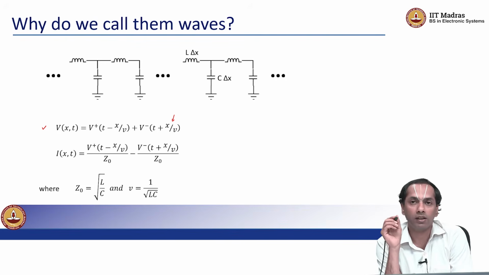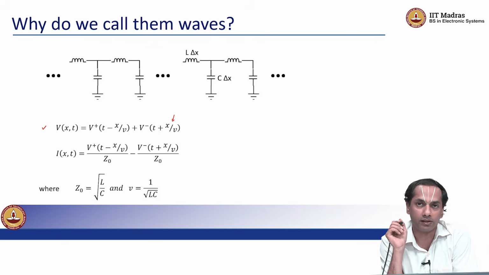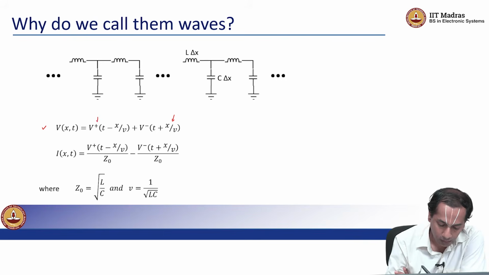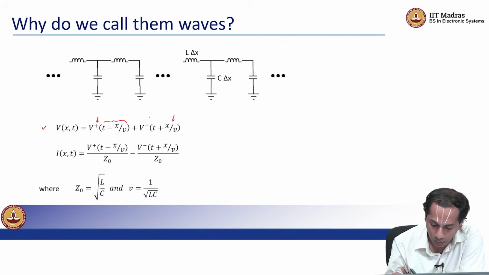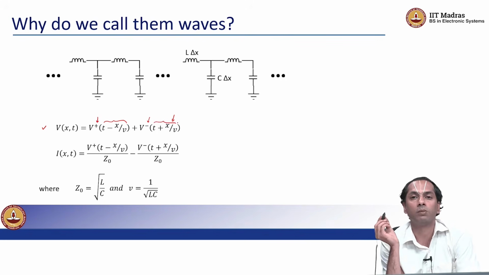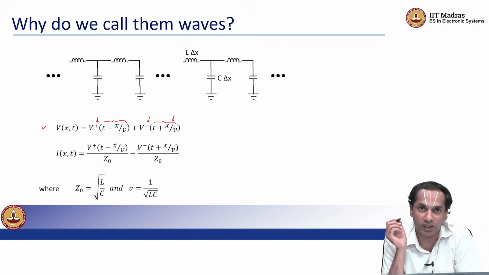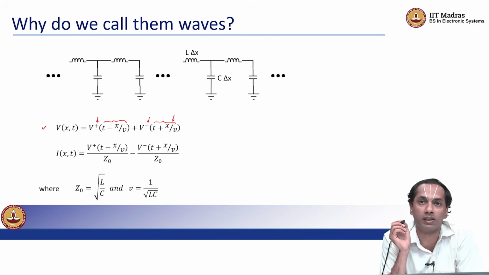So now we'll try to quickly understand why I put plus for this argument and why I put minus for this argument. So remember the t minus tau and the t plus tau. I have chosen to put the sign plus for the t minus x square root of LC and minus for the t plus x square root of LC terms.